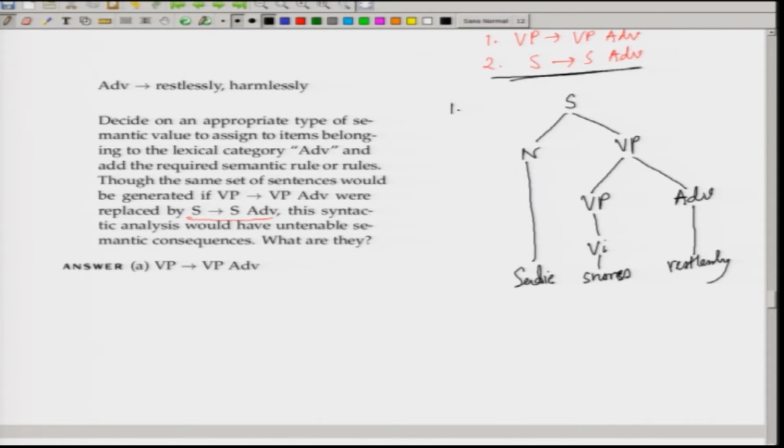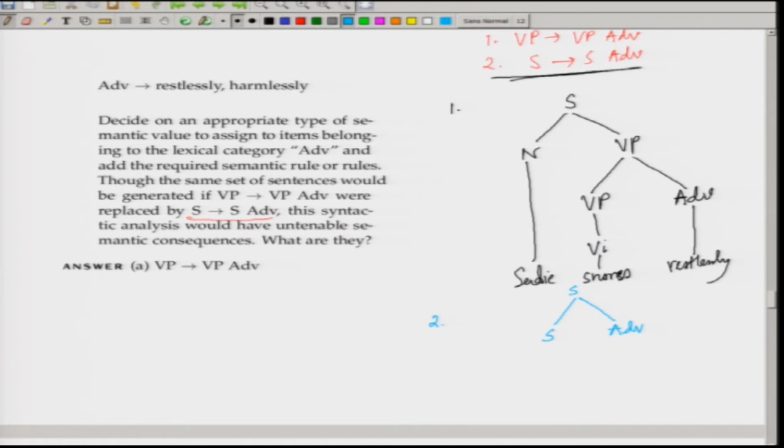So this is one option, and according to the book, the other option is something like this: S goes to S and ADV.